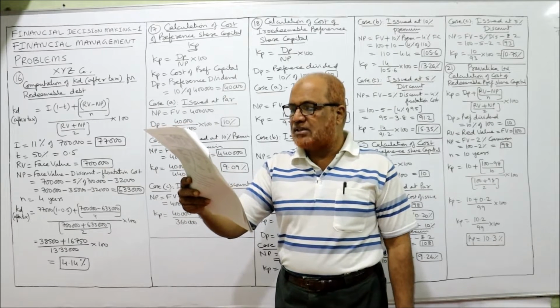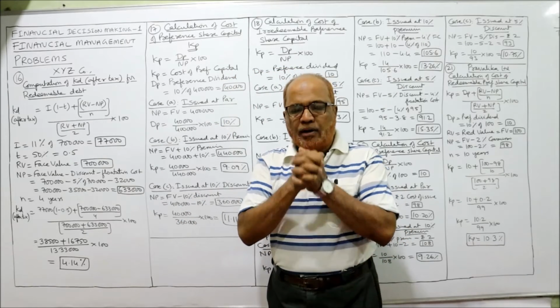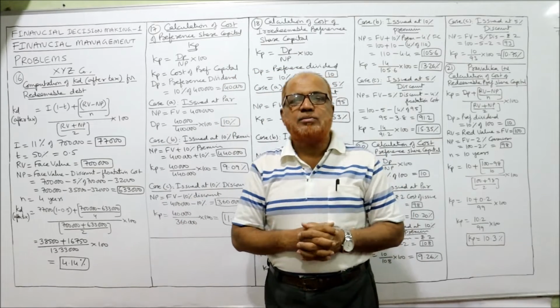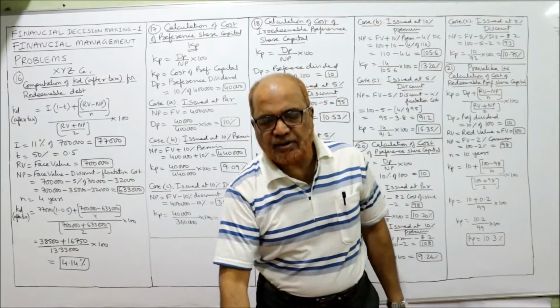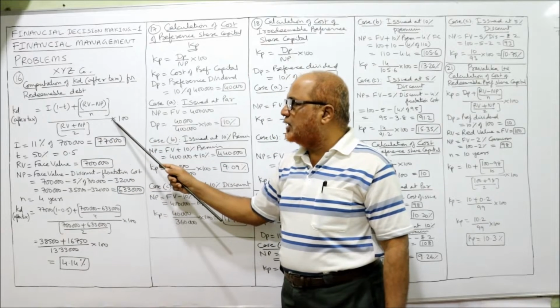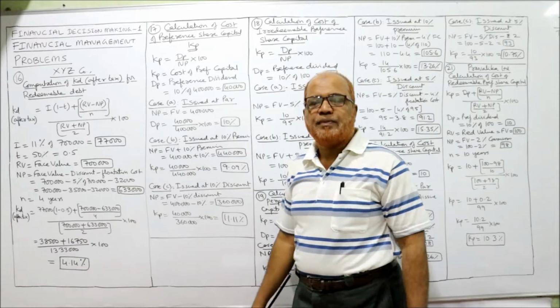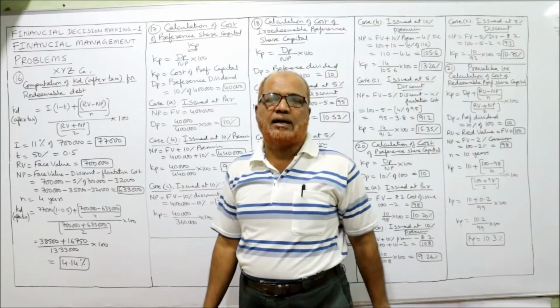Assume tax benefit is available only on interest. This is the new point. In the earlier problems, we multiplied 1 minus T after completing the formula, writing 1 minus T into 100. That means tax benefit is applied on all other items.